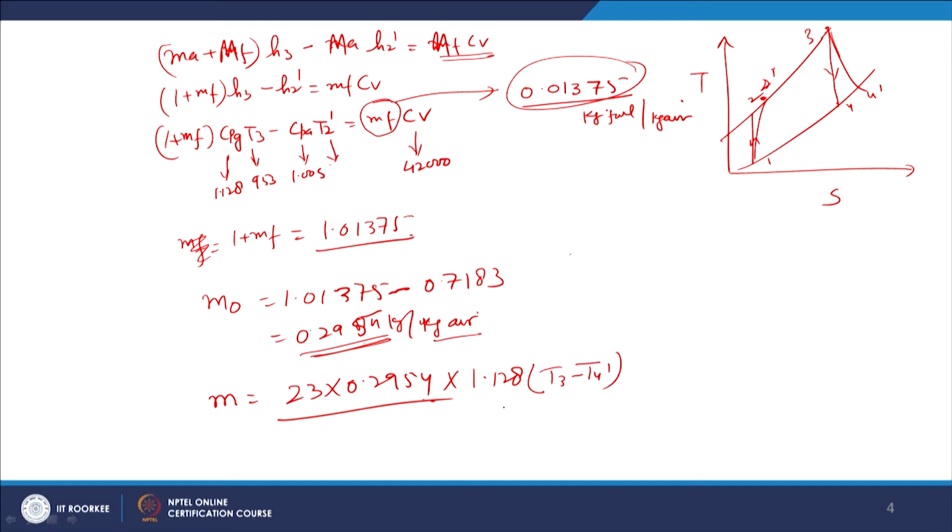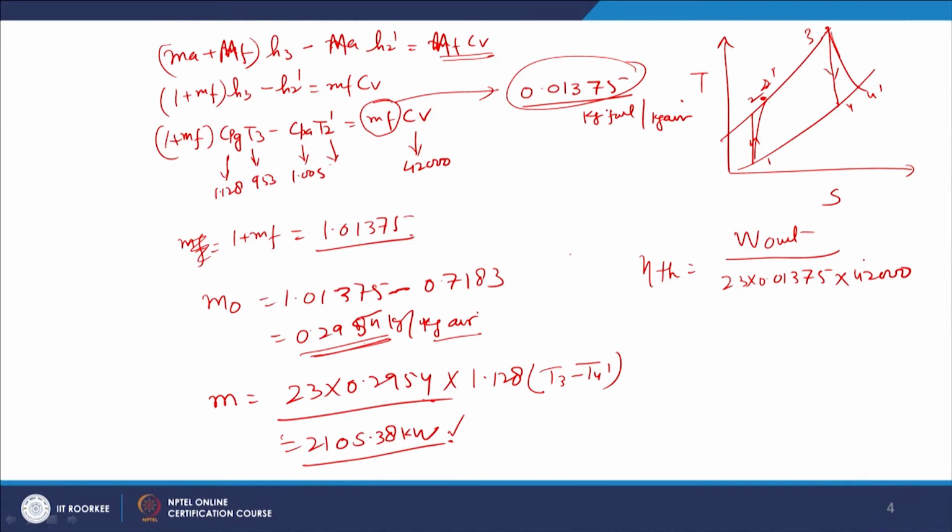This is the output of the second turbine, and this output is 2105.38 kilowatt, or approximately 21 megawatt. So, in this system there is one compressor and two turbines. One turbine is driving the compressor, another turbine is giving the output, and the output of the turbine is this much.